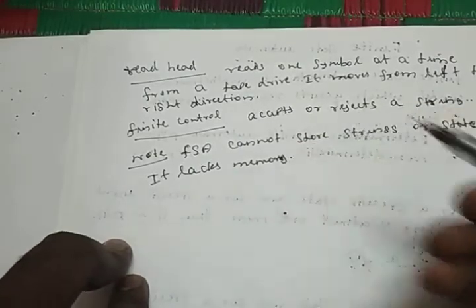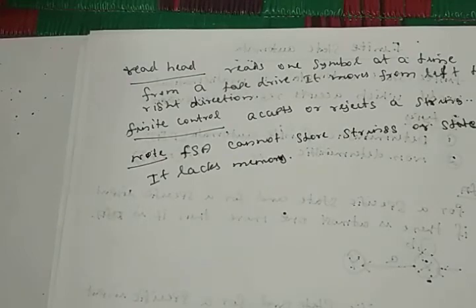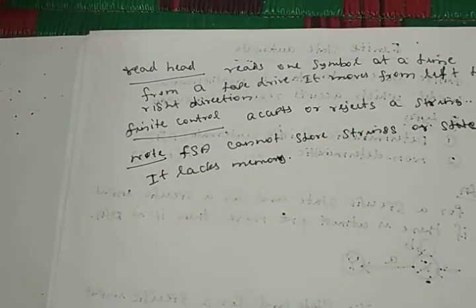So if you want to find whether the string is a palindrome, or whether you have an equal number of A's and B's, such a process cannot be done in finite state automata, because you don't have a memory like a stack in finite state automata. So lack of memory actually makes finite state automata incompetent to solve such kinds of problems.